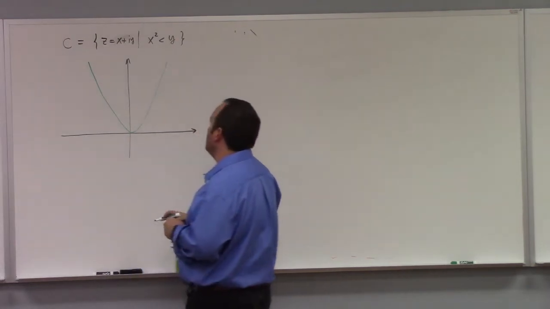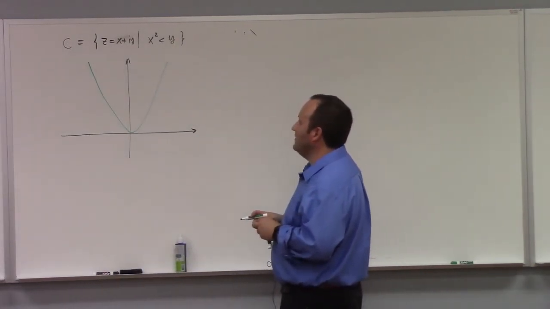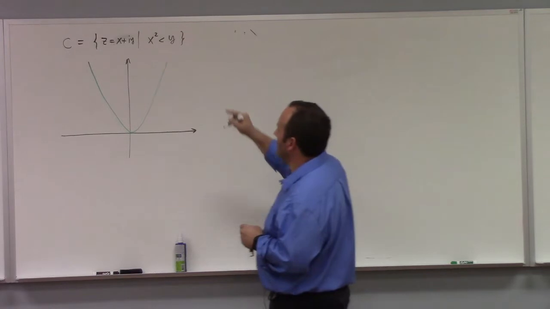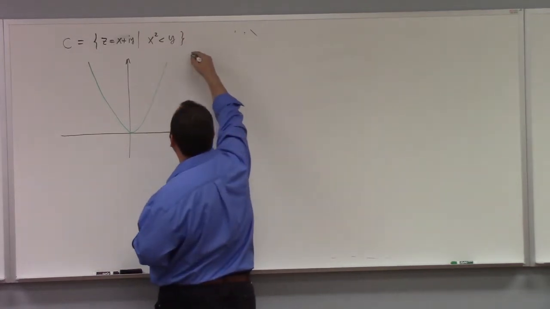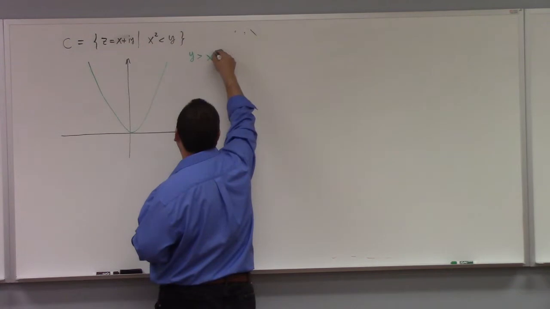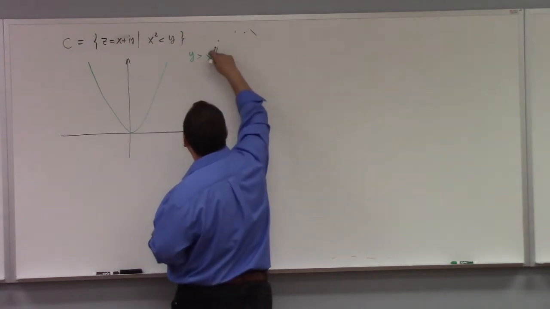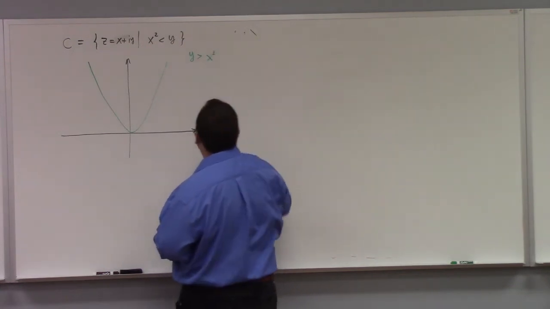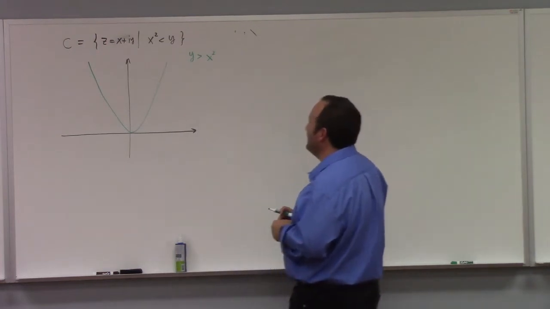Badly drawn, but there you go. And I'd rather look at it as y greater than x squared, right? I know it's stupid, but for some reason it helps me to write it that way.